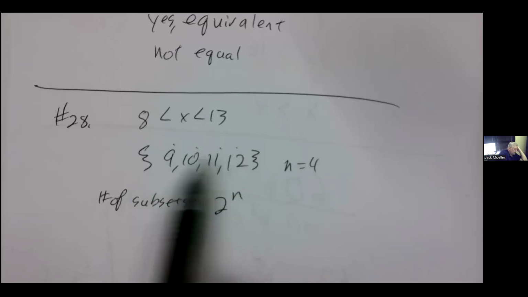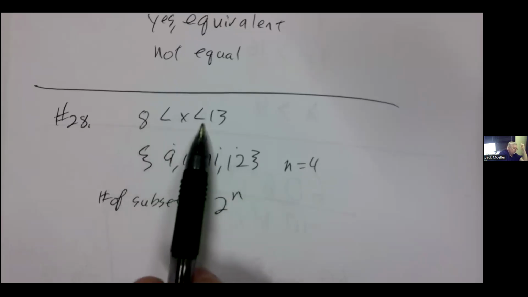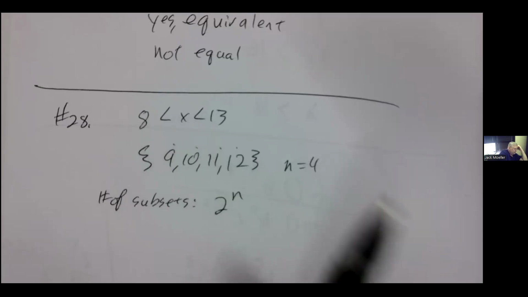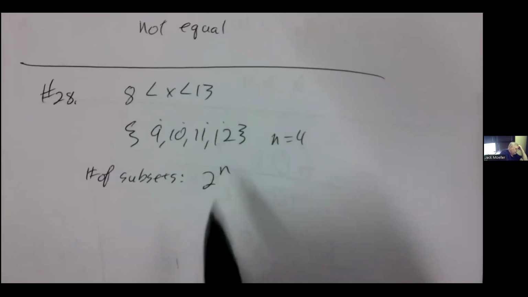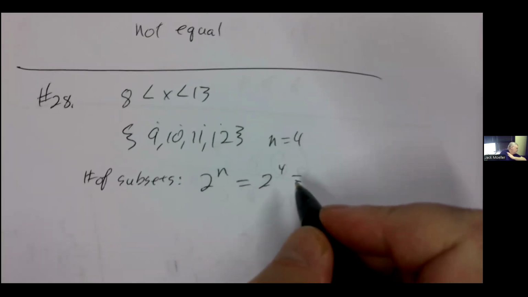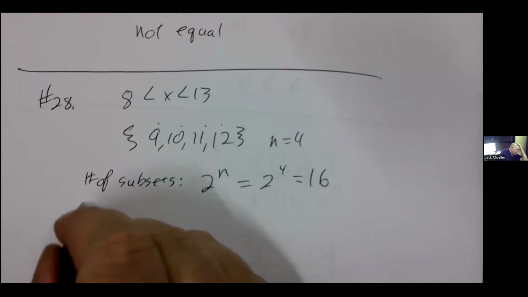Now, if you wrote that out and you got the wrong number of elements, but did this right, then again, that's where I can give you partial credit. Like if you had included the 8 and 13, you would have had n at 6, and your numbers would have been too big. Okay. But now, this is just 2 to the 4th, which is 16. And then the number of proper subsets.